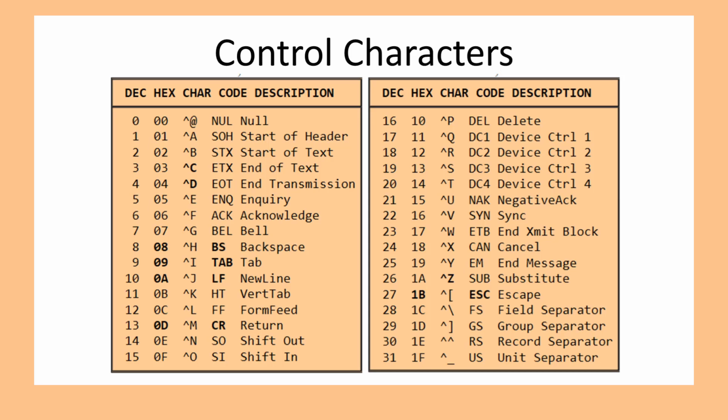Inquiry, ACK, that's a positive acknowledge. Over on the other side, we have NAK, which is a negative acknowledge. Then there's the bell, ding, BS backspace, tab, line feed, carriage return, and escape. The ones in bold are ones that you should probably memorize: backspace, tab, new line, carriage return, and escape.